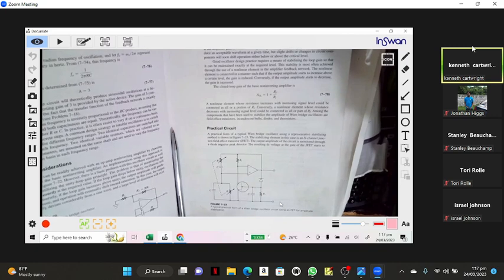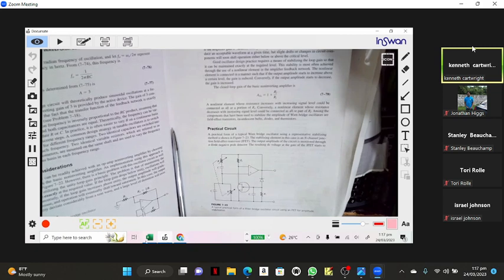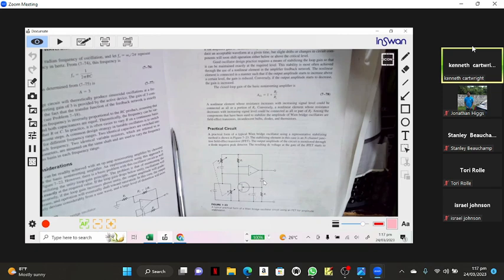Anybody see how the textbook is doing it? Anybody recognize this circuit right here? This diode, this R and this C, anybody recognize that circuit?